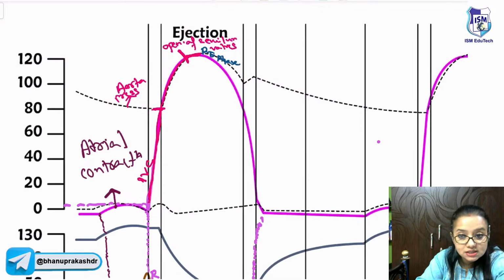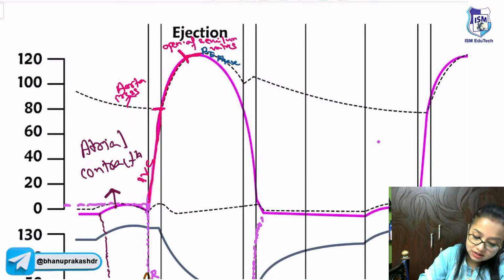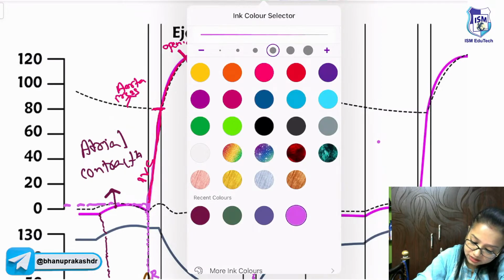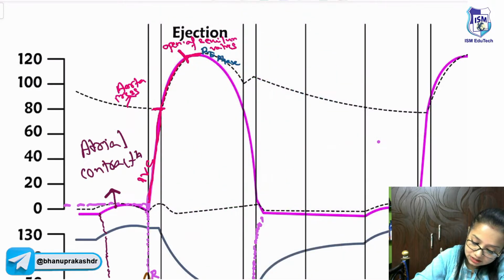So again you look here, the pressure in the ventricle starts to fall. From 120 max, it goes to 100, 90. The moment it touches 80, that is the pressure in the aorta.